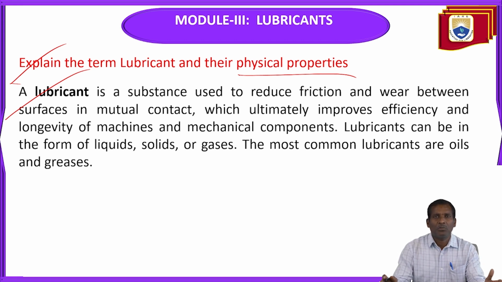Whenever two surfaces are in contact, there is wear and there is friction. To minimize this friction, you have to use some medium, that is lubricant, in between the surfaces, which ultimately improves the efficiency and longevity of machines. That is the lifespan. You can improve the lifespan of the machines and mechanical components.